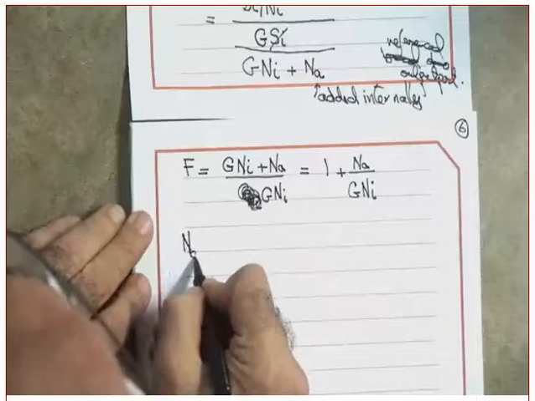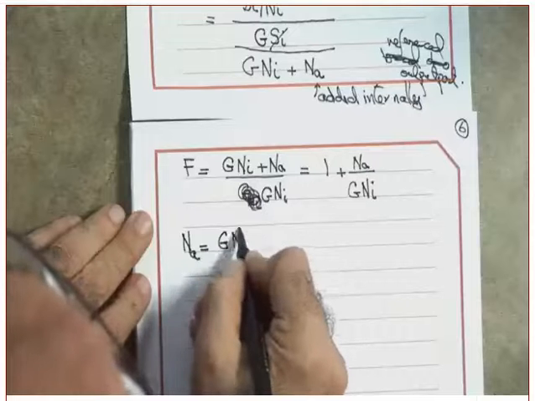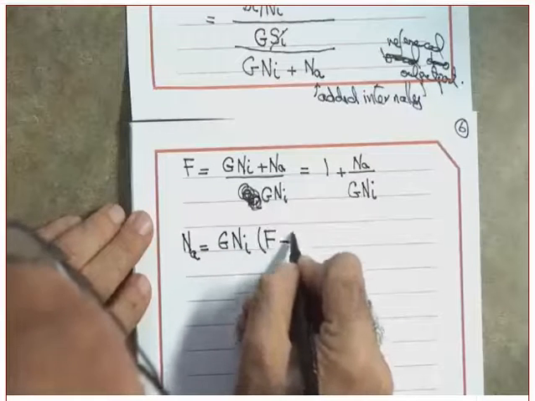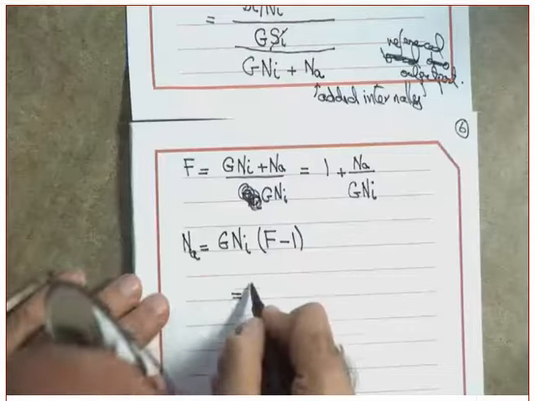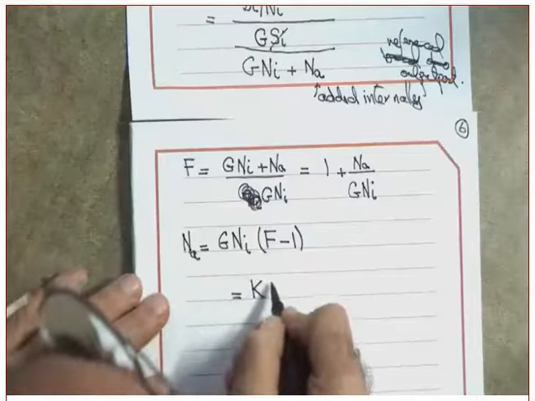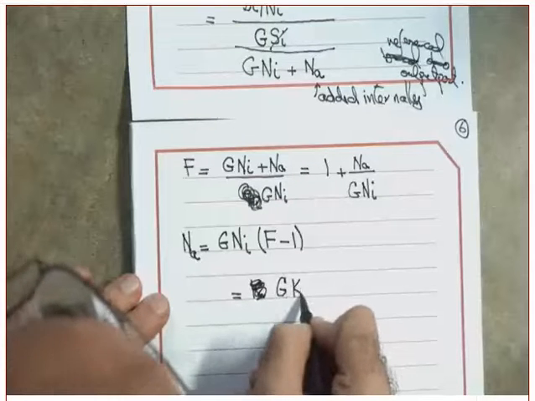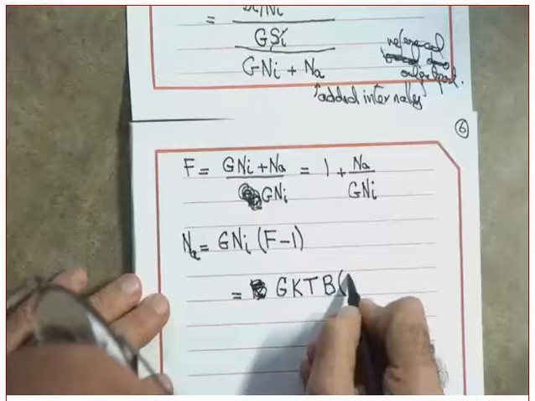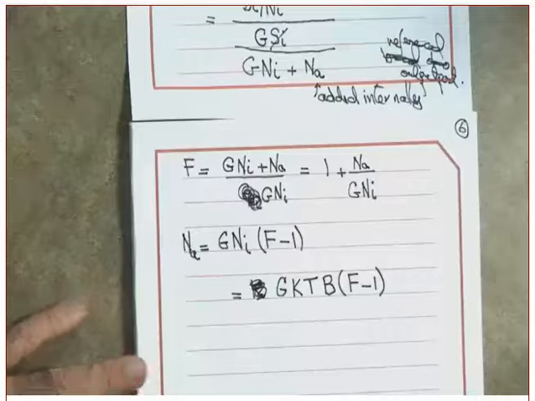NA is equal to G NI times F minus 1. Are you following me so far? Which is equal to G K T B times F minus 1. Did you get it?